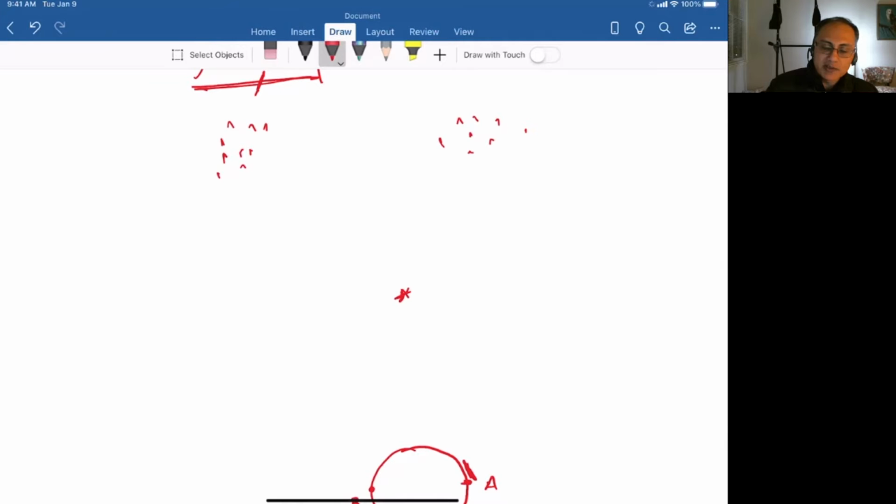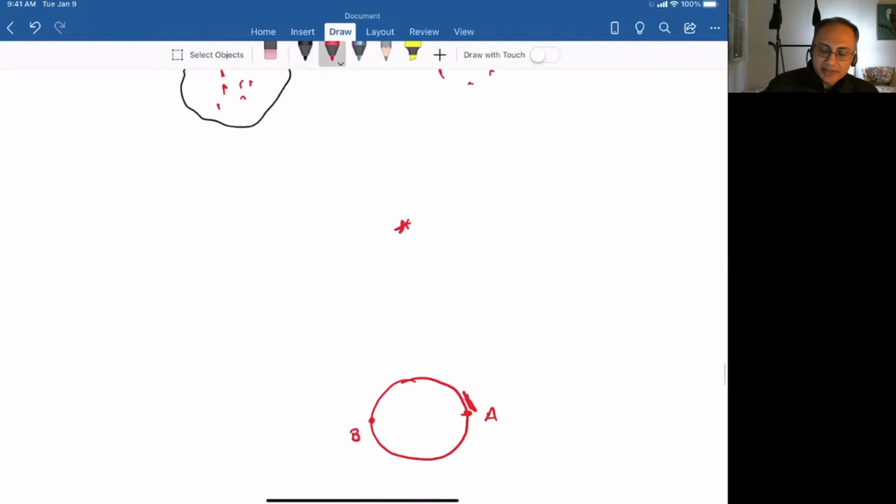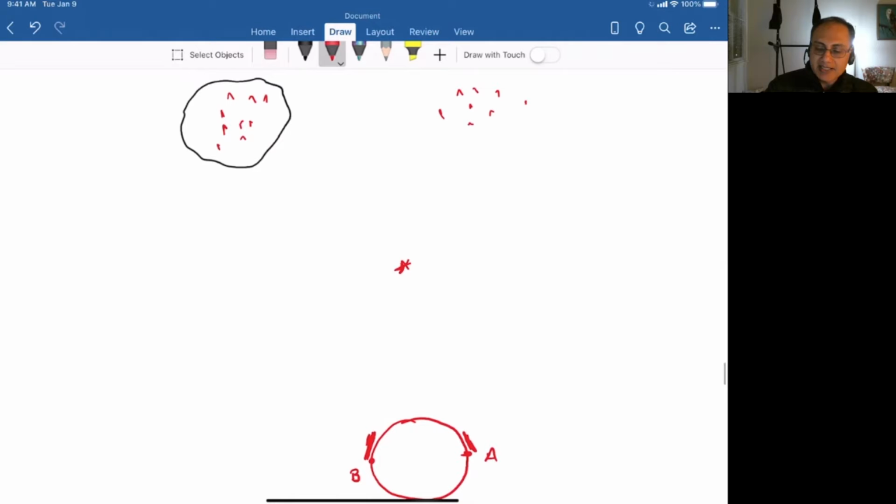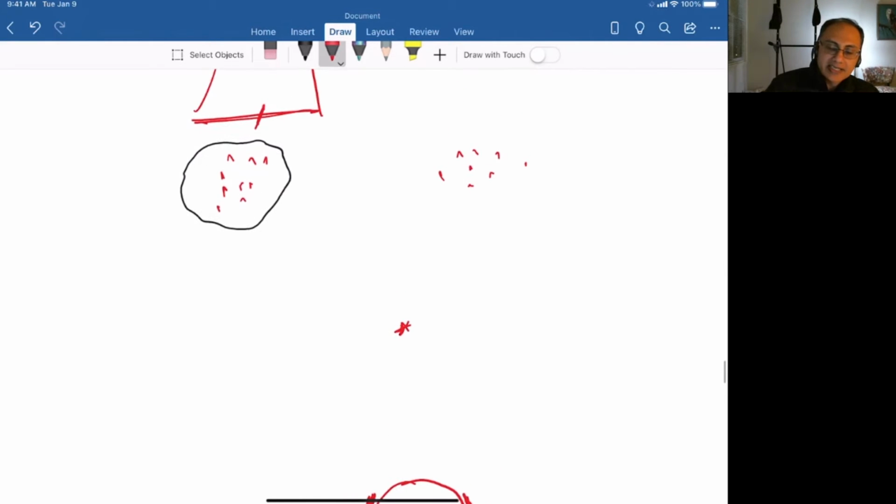Now, suppose your friend lives at location B on the other side of the Earth, and they set up their telescope at B and look at the same star. They're going to see the star in the background of this other group of stars.